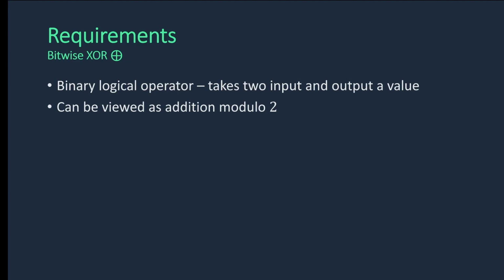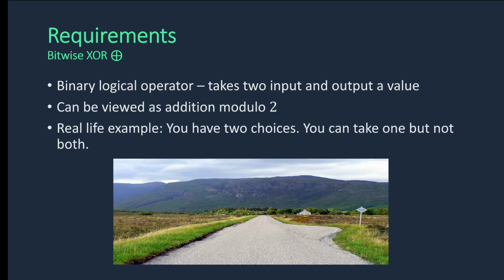And I like to give a real life example when I'm thinking about these logical operators, so it becomes more tangible, something that I can relate to. So one way to view this operator is you can think of a road where at any given time only one car can come from each direction, and we will assign a truth value whether we can have a car on the road or not. Or in general in life, you can have two choices. You can take one of the two choices, but not both of the choices at a time.